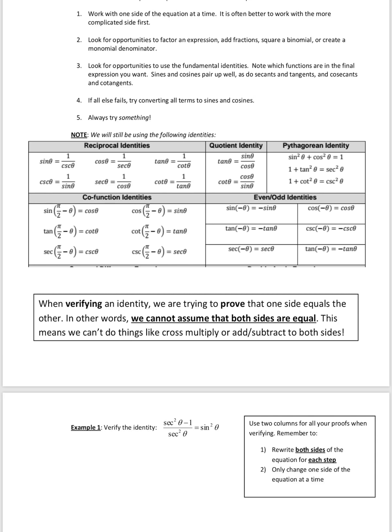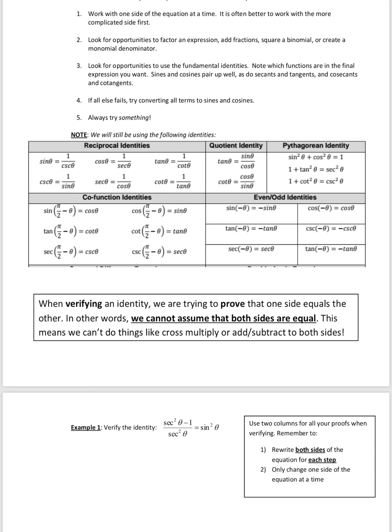So I'm given an expression equals another expression. That equal sign is a little deceptive. When I'm verifying these identities, you have to keep in mind that I'm trying to prove that equal sign. I can't take for granted that this is an actual equality. What that means is that I can't do things that I can do when I know that two things are equal.